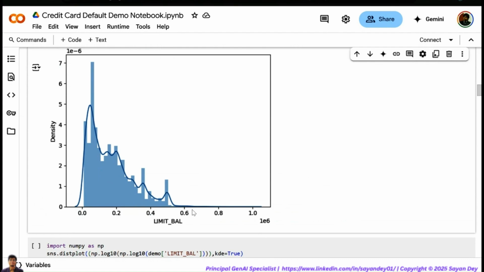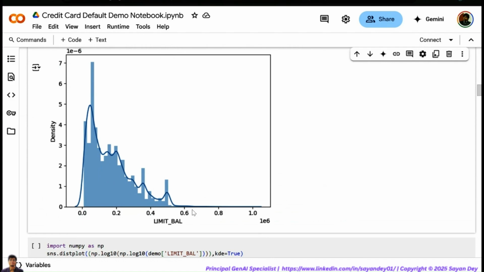Okay, so it's important to know this because I told you that when you're eventually building models using supervised learning algorithms, some of the algorithms tend to work very well when you have more symmetric and more normal data. If you have skew in the data, the models will also have a tendency to become a little biased.